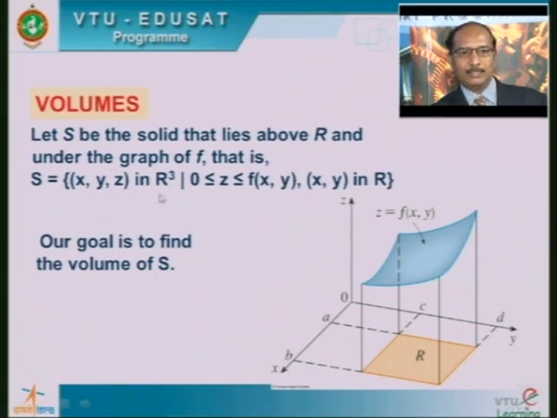S is a solid in three-dimensional space where z is defined from 0 to f(x,y), and those (x,y) belong to the rectangular region. Now our main aim is to find the volume of S. Where is the volume here? The volume under the surface z equal to f(x,y) and above the region R.